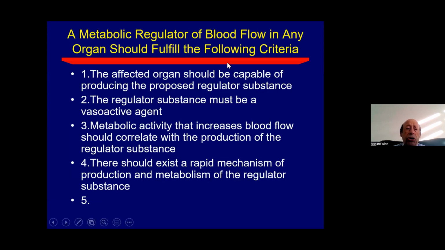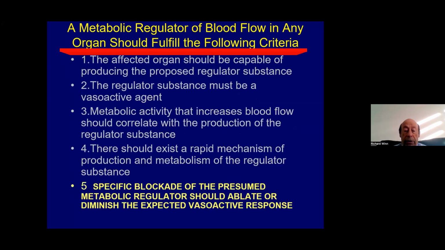So I showed you these criteria right in the beginning of my talk of what a metabolic regulator of flow in any organ should fulfill. And I said there was a fifth one. And the point is that all the evidence I've presented so far only shows correlation between flow and adenosine.